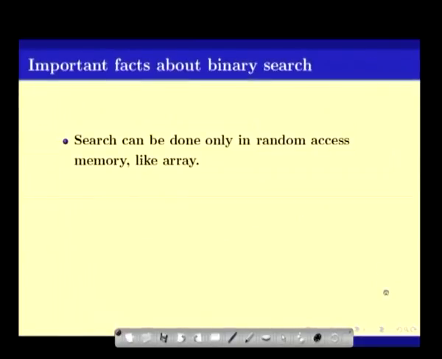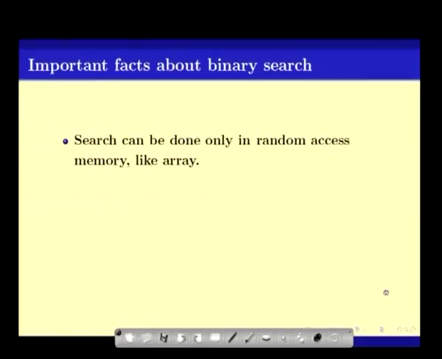Now, binary search has some very important characteristics. The first one, which I have kind of skipped throughout my talk today and in the last lecture also, is that we were saying that L is 4 and U is 7 and (L plus U) by 2 is 6, and then let us go to S6 and check.